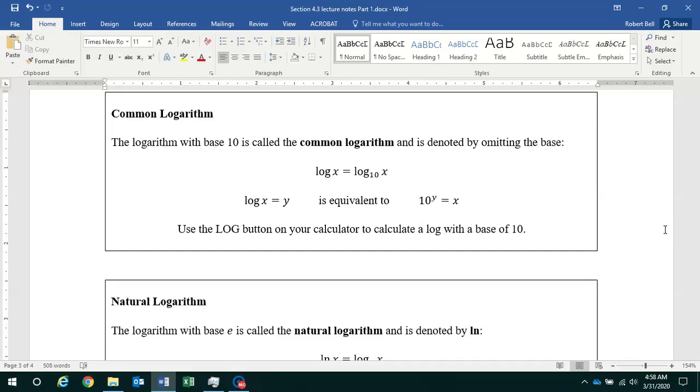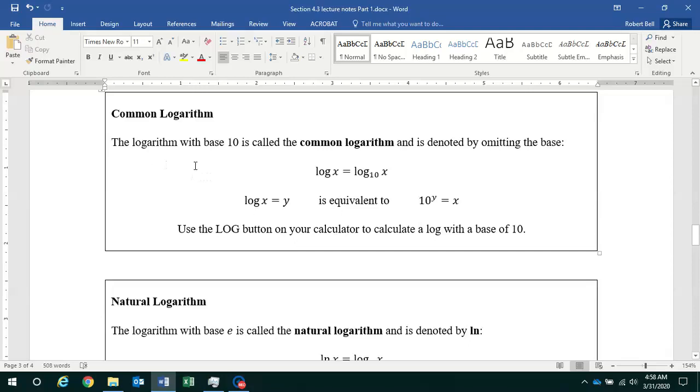All right, class. In this video, we begin on page 3 of your section 4.3 lecture notes, part 1 on logarithmic equations. There are a couple of bases of logarithms that get their own special notation. One base that gets its own special notation is base 10.